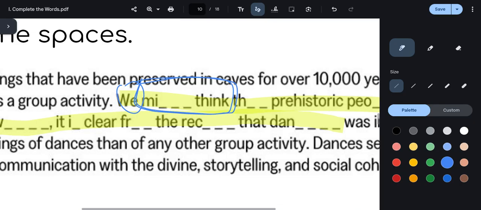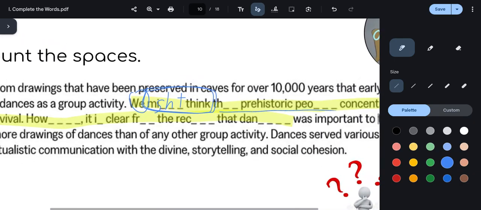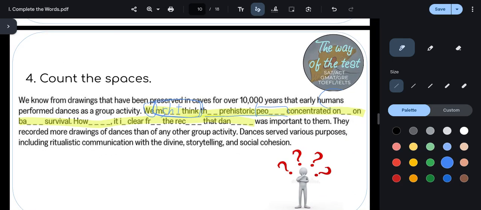So you will already know that this is we might think, not because I overanalyze this, but because this is a very common way of speaking. We might think, right? And if you follow with that, prehistoric P-O what? Again, yes, maybe peons, the ones who work in, I don't know, factories, whatever, but no, because this is obviously talking about humans, so it's gonna be about people.